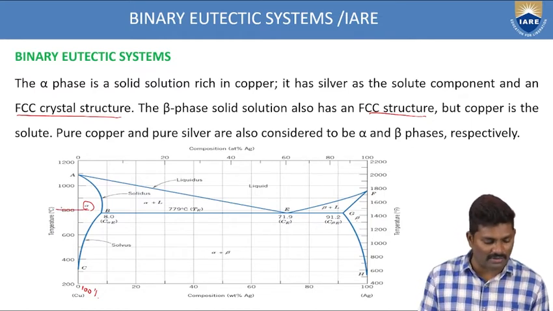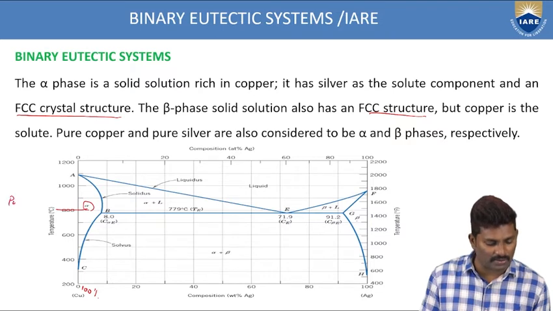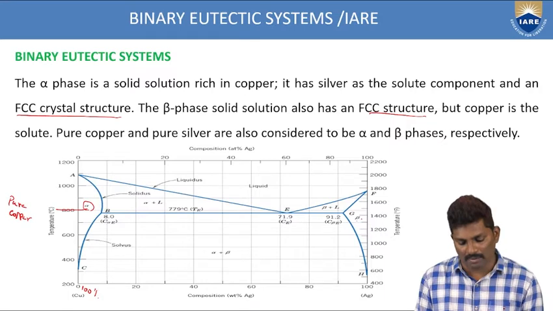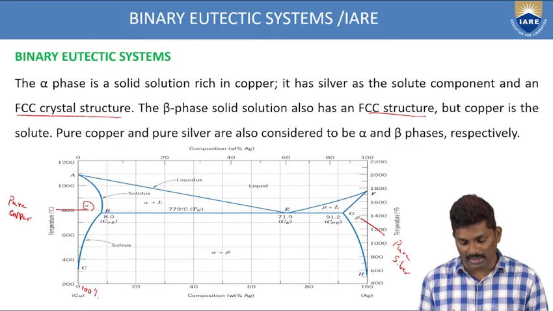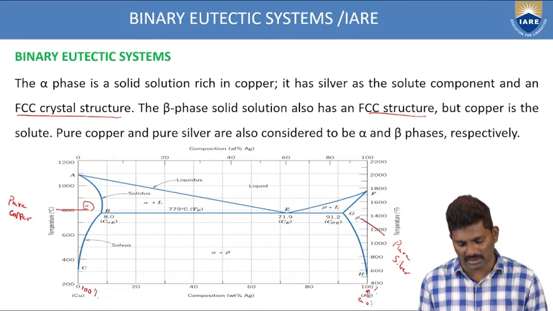So at this alpha phase, you'll have pure copper, and in beta phase you have pure silver. Why? Because the percentage composition of silver is very high at this point. That's why you have, see here, it is 100%. That means copper is very less, it is 0%.